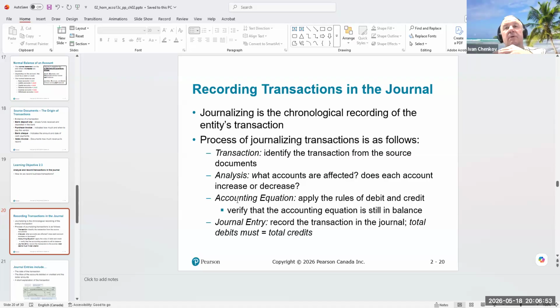Then we have to apply the rule, which is debit is always equal to credit first, and second, asset is equal to liability and equity. And then we have to put the journal entry to record the transaction by affecting the right amount, by making sure that the total debit must always be equal to the total credit.